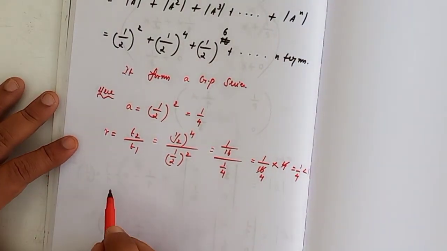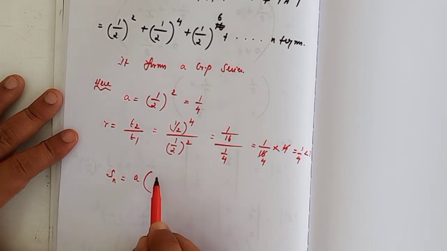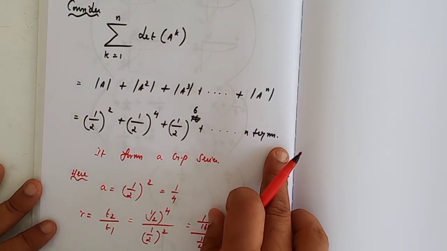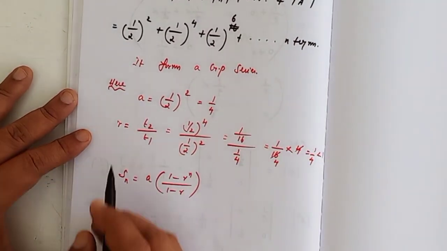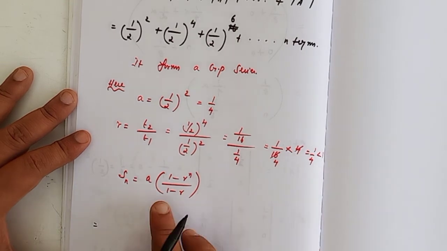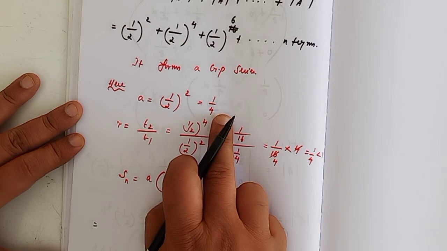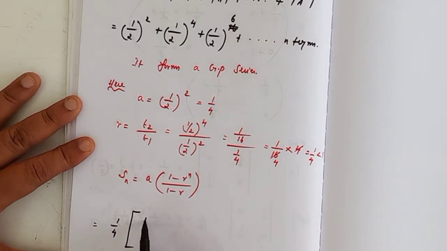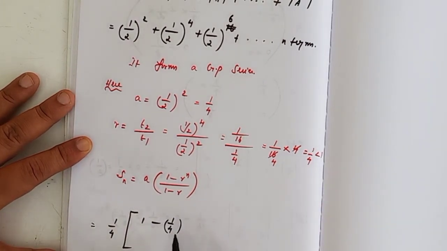Since it is less than 1, we know the formula for Sn, A into 1 minus r power n divided by 1 minus r, because we have to find the summation of n terms. Now we can continue, here we have to apply the formula. Outside the bracket we have A, the value of A is 1 by 4, 1 by 4 bracket 1 minus r, the value of r is 1 by 4, 1 by 4 power, how many terms?